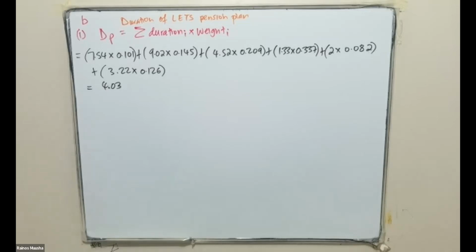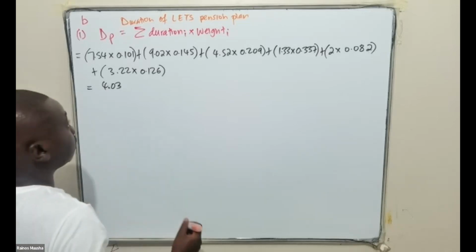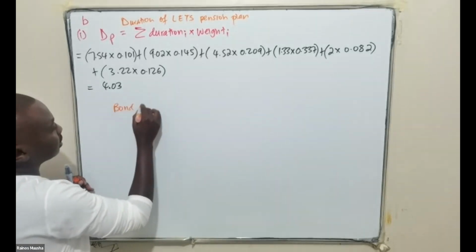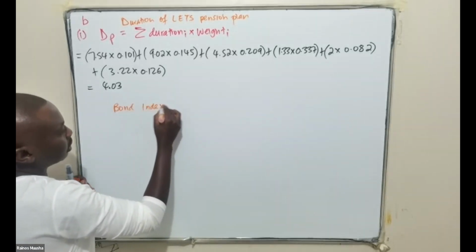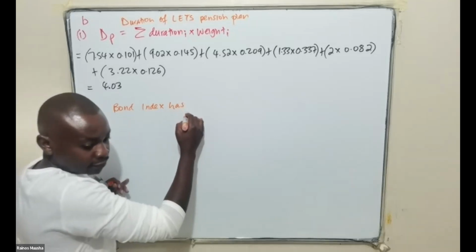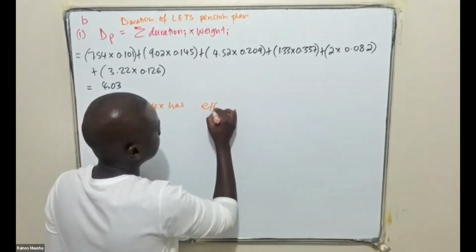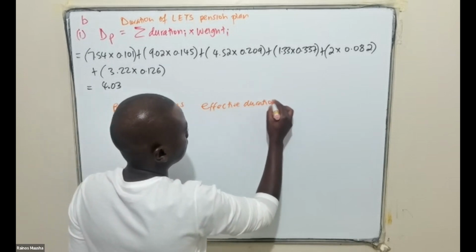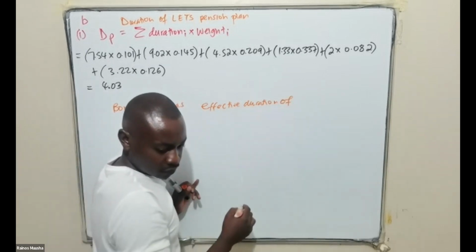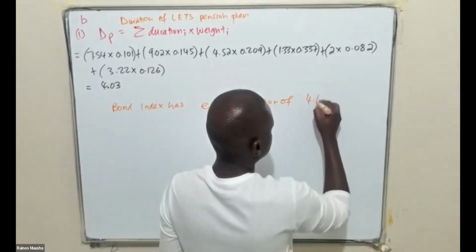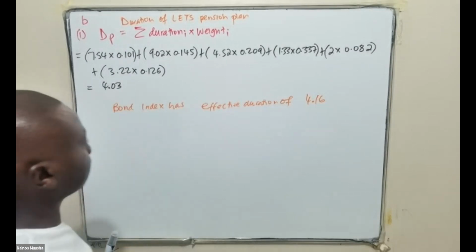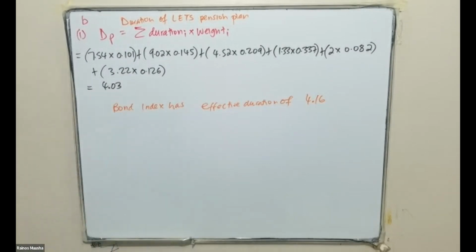So on the question, it should indicate that the bond index has an effective duration of 4.16.